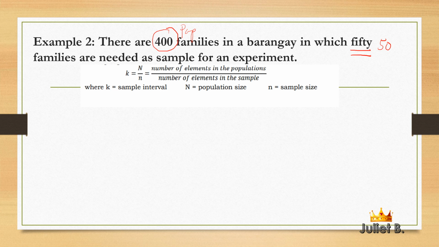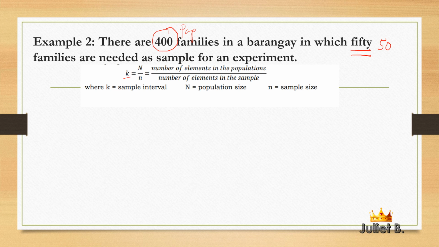So for us to do that, we will use the systematic random sampling, wherein the formula for K is equal to N, the number of elements in the population, divided by small letter n, which stands for the number of elements in the sample. K is the sample interval, capital letter N is the population size, and small letter n is the sample size.